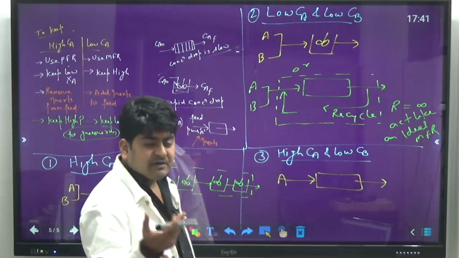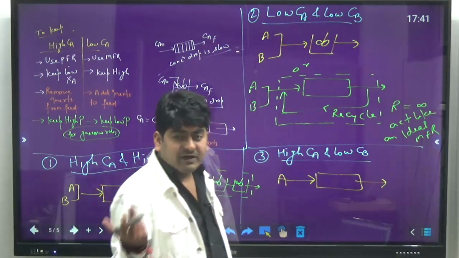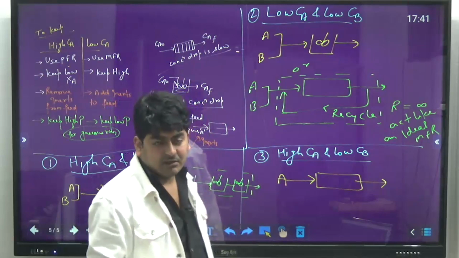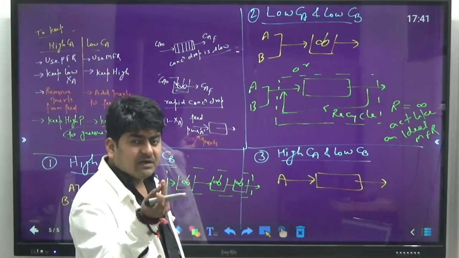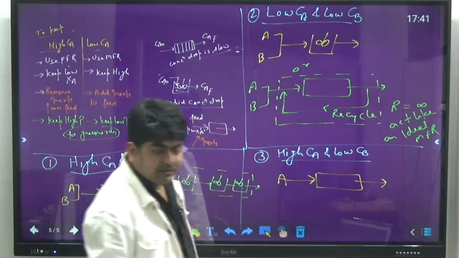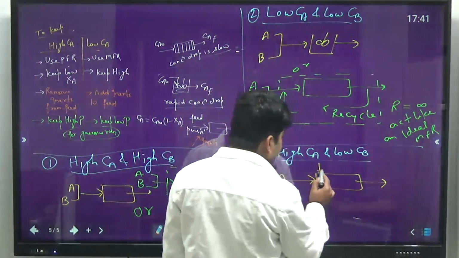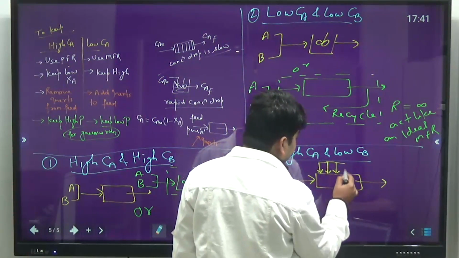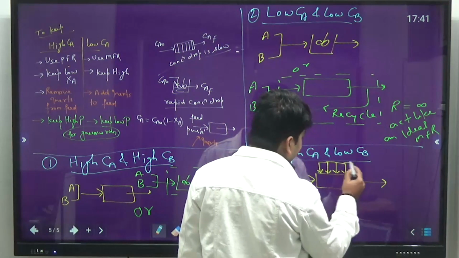See, in that case, if you remember, PFR is the combination of infinite MFR in series, or we can say infinite plugs in series. Okay, so we can consider one plug as an ideal MFR. So we can send B on an individual plug like this.